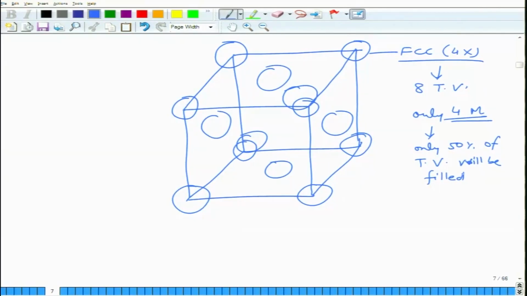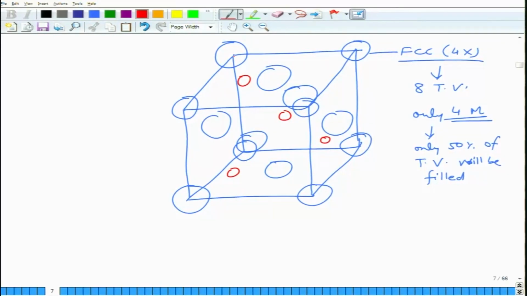The question is which ones, okay? The electrostatics and the crystal symmetry allow the filling of only, for example, in this case the one here, the one here, and the one here, and the one there.